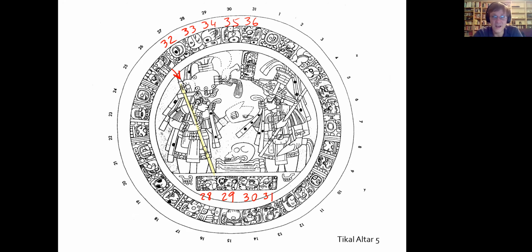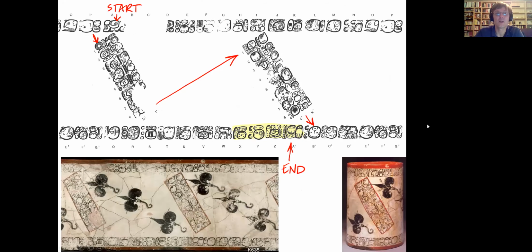It's the staff of one of the protagonists that seems to function as a clue to where you're supposed to end and where you're supposed to start. On this vessel from Naranjo in Guatemala, the angled sections help you connect the two texts along the rim and along the base of the drinking cup.